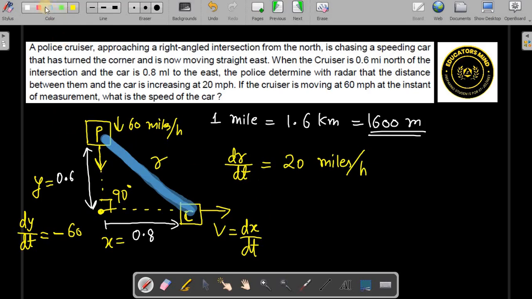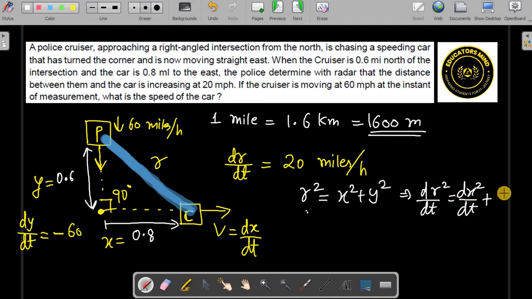Now let us do the calculation. You can apply the Pythagoras theorem, that's the best. r square is equal to x square plus y square. Now differentiate with time and apply the chain rule. If you want one step, you write the differentiation of r square with t, of x square with t, and of y square with t.